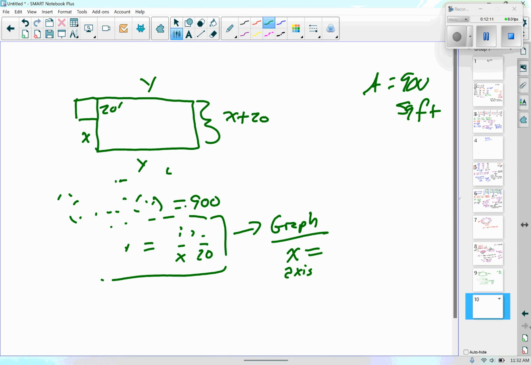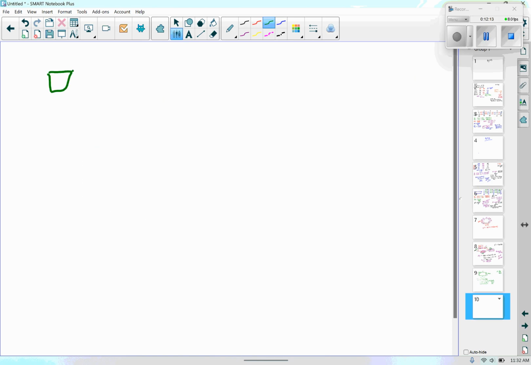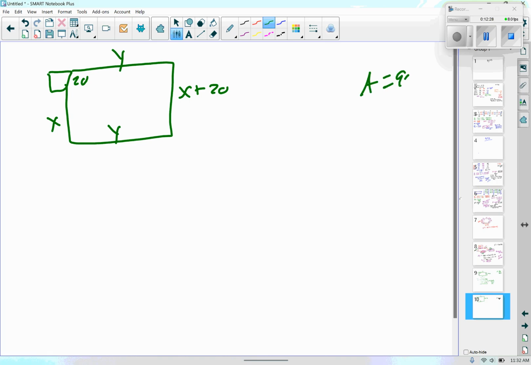Let's just put it down to the paper. That's x, that's 20, that's x plus 20, that's y, so that has to be y. And then we have an area of 900.